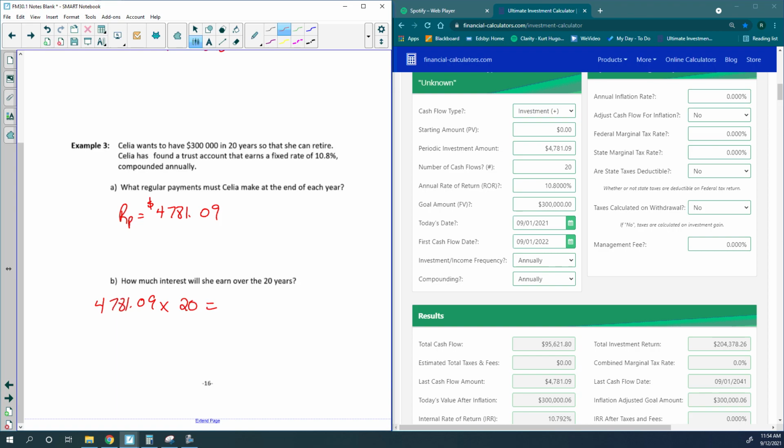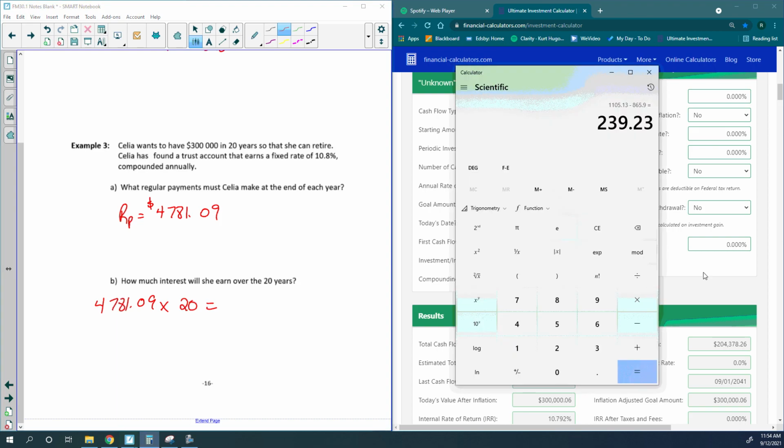I'm going to bring out my calculator to do that. So we have $4,781.09 times 20. And so she is contributing $95,621.80.